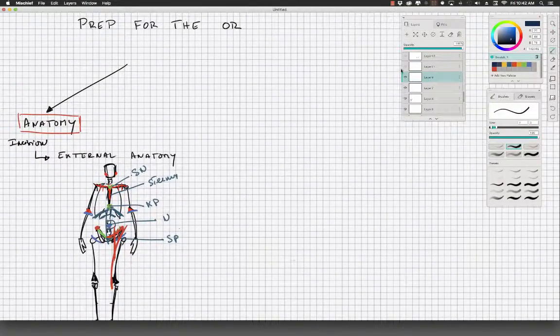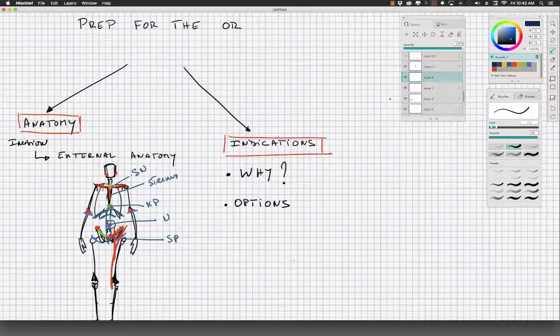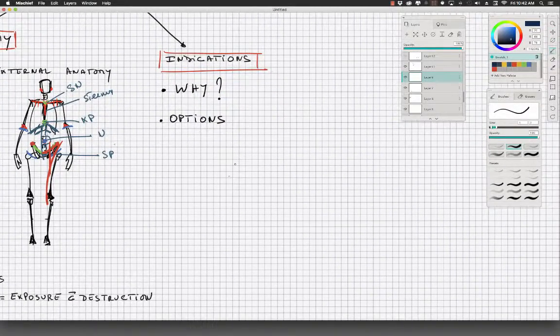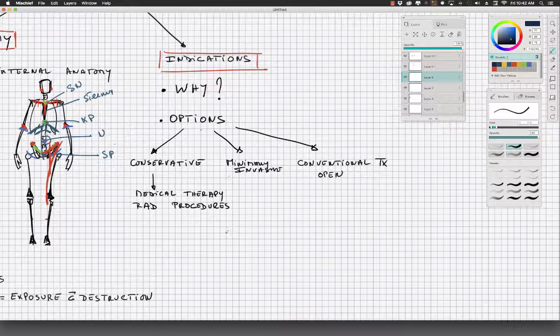So the second thing would be the indication. Why are we doing this procedure? And what are the options? So most commonly, the three options are conservative, and this includes medical therapy only, and I would include here radiologic procedures. Then there's minimally invasive, so those are all the laparoscopic procedures, or endovascular, if you are interested.